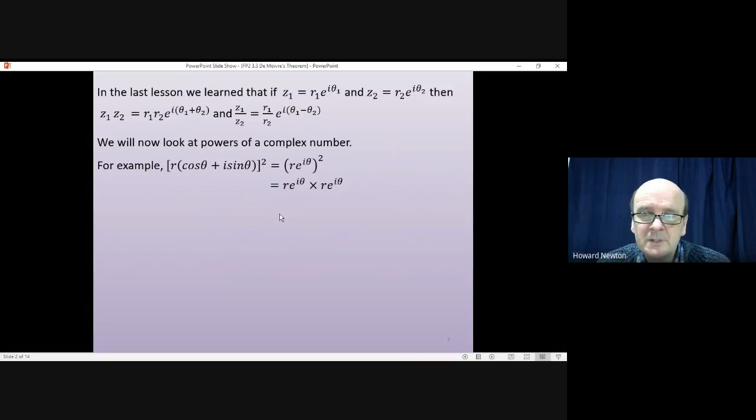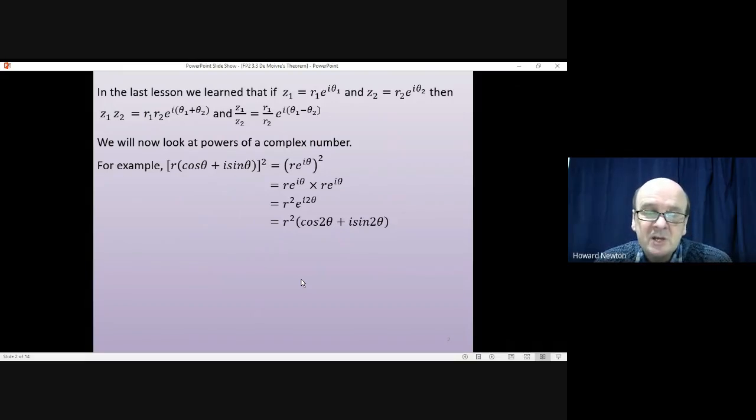There is no problem in this instance. And that will give me r squared e^(i 2 theta). Rewriting that in modulus argument form gives me r squared (cos 2 theta plus i sin 2 theta). So when you square a complex number, we've squared the modulus and we've done the argument times by the power. We've done theta times by 2.